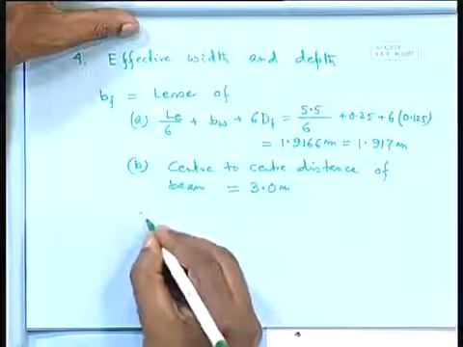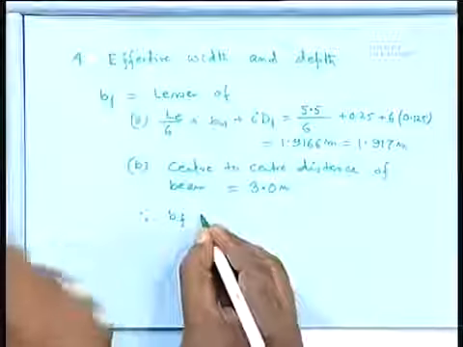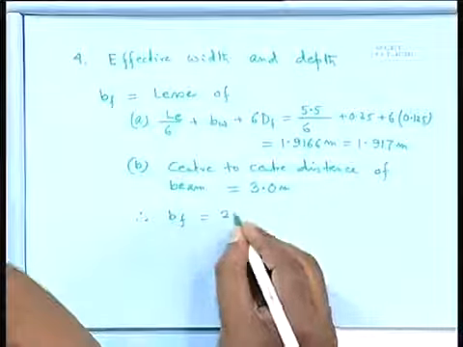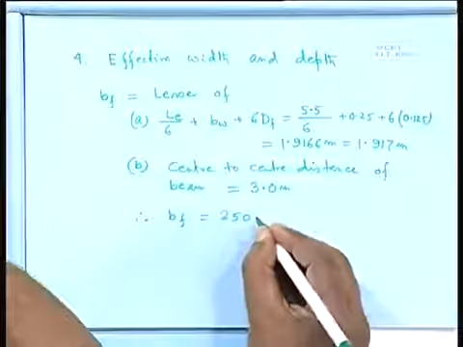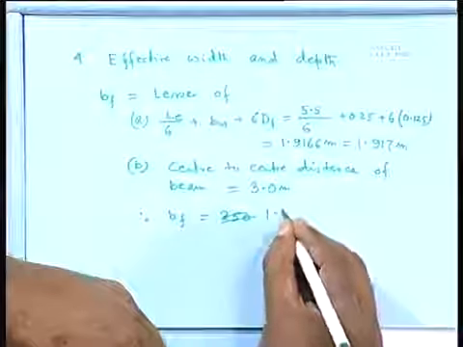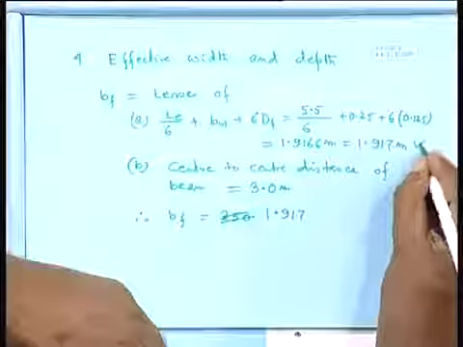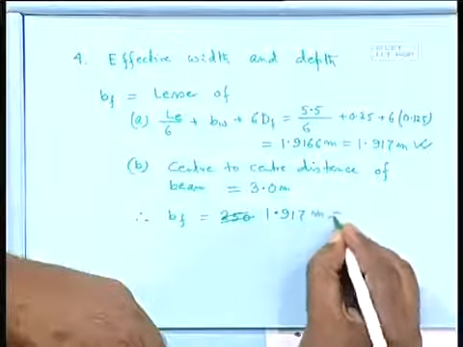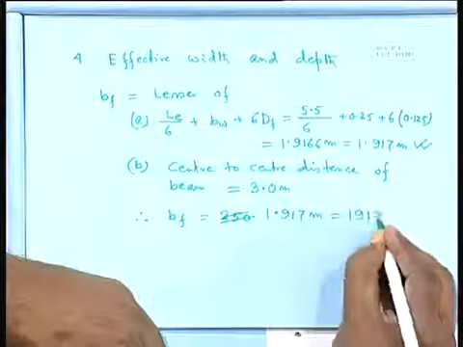So, BF equal to 1.917 meter equal to 1917 millimeter.